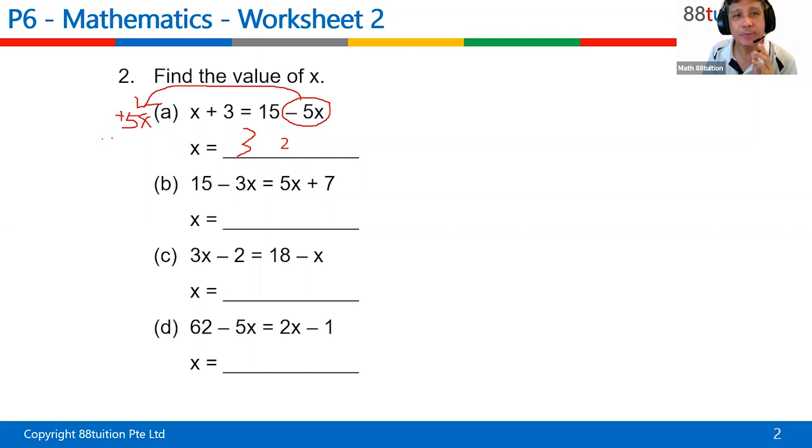So now I have plus 5x, and x here has nothing in front, so it is also a plus, it's always positive. So I have 5x plus x, that is 6x, right? The next thing I need to do is bring the plus 3 to the opposite side. When I bring the plus 3 to the opposite side, it becomes a minus 3.